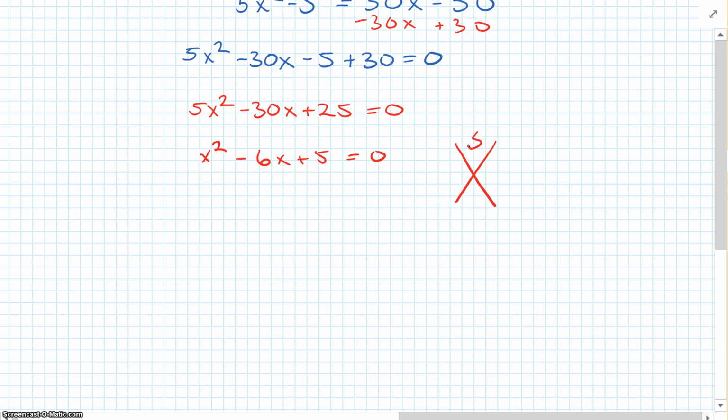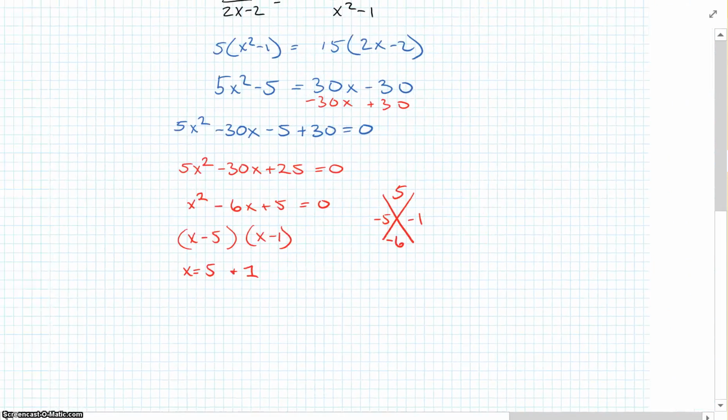A times c is 5. My b value is negative 6. So two numbers, both negative, give me a product of positive 5 and a sum of negative 6. That'd be negative 1 and negative 5. So x minus 5, x minus 1. So x would equal 5 and 1.